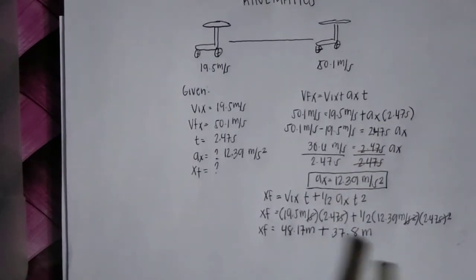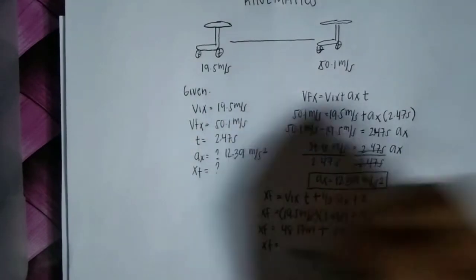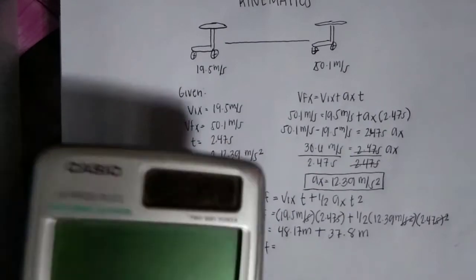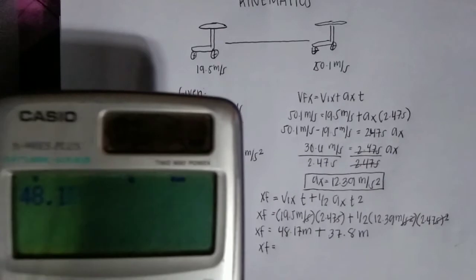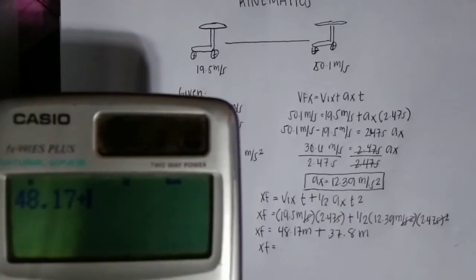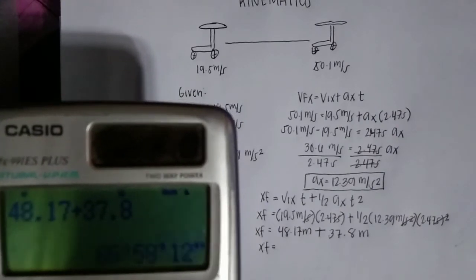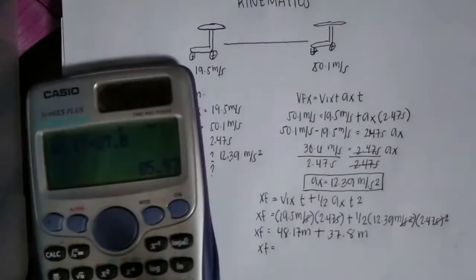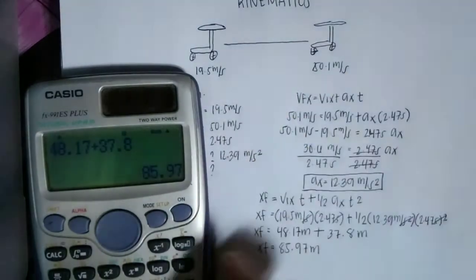So ngayon, i-add na lang natin yung dalawa para makuha natin yung value ng distance. So magiging 48.17 meters plus 37.8 meters is equal to 85.97 meters.